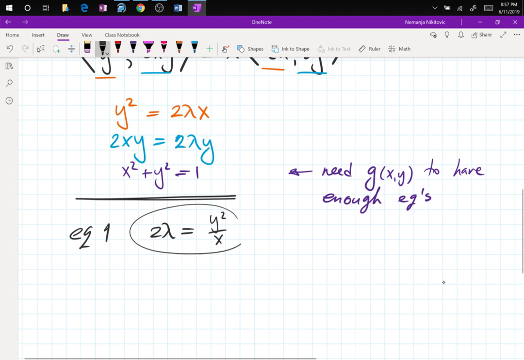So why did I do this? Because I'm going to plug it into equation 2. Now please notice that I didn't solve for lambda. I solved for 2 lambda because I also have 2 lambda in the other equation and I'm going to replace that as a block. So now my blue equation is 2xy is equal to, and instead of 2 lambda, I write y squared over x times y.